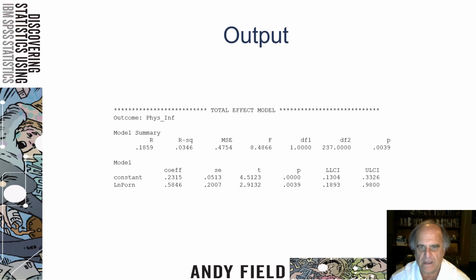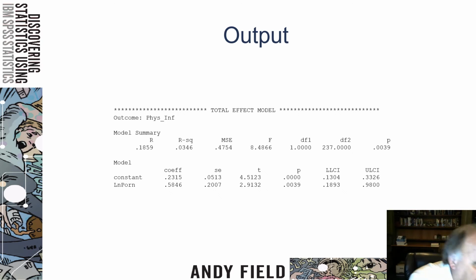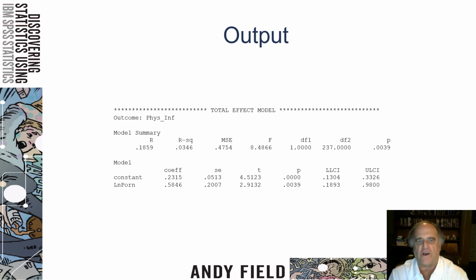Next we get as the next piece of output, and in the book, this is 11.6 on page 374, the total effect model. Now, if you look at it, you can see that all this is a simple regression analysis, or the equivalent of a correlation.